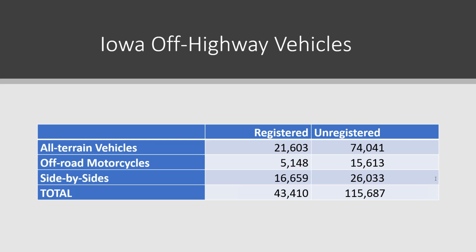And then we made the assumption, since being unregistered gets you fines if you're caught in public, that unregistered machines were only active 75% as much as registered machines. We made that assumption because you'd expect them not to be out in public. They wouldn't be as recreational.